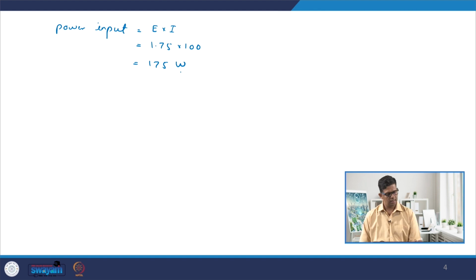Let us highlight this fact that although the potential has to be put in with a minus sign as we have discussed before, that minus sign only indicates that the energy is to be input. So, we can neglect that negative sign here, and say it is plus 1.75 multiplied by current, that is, the power input will be 175 watt.